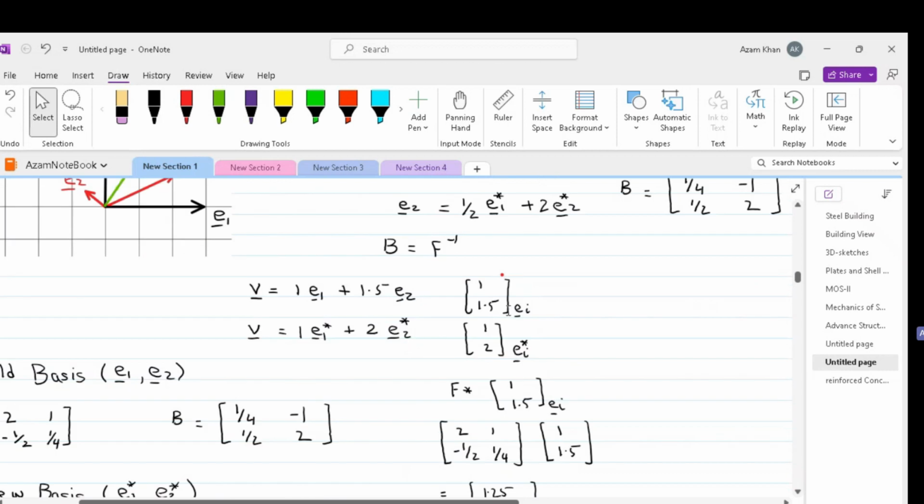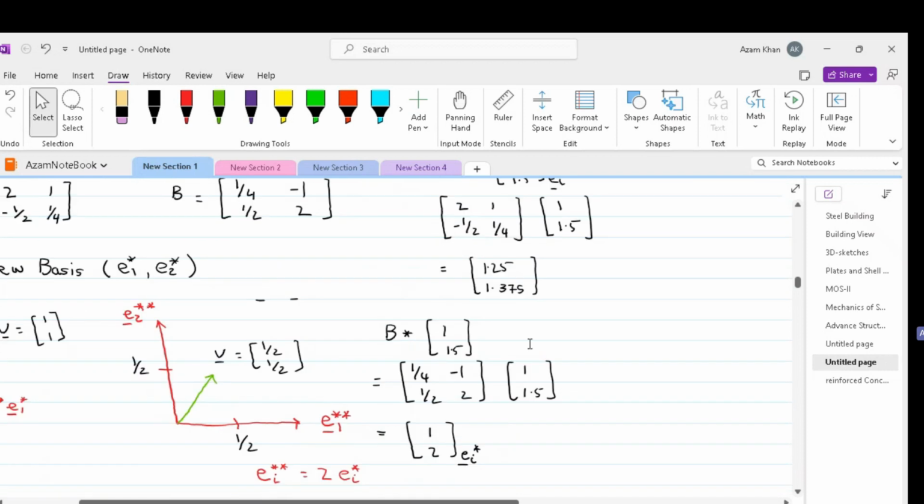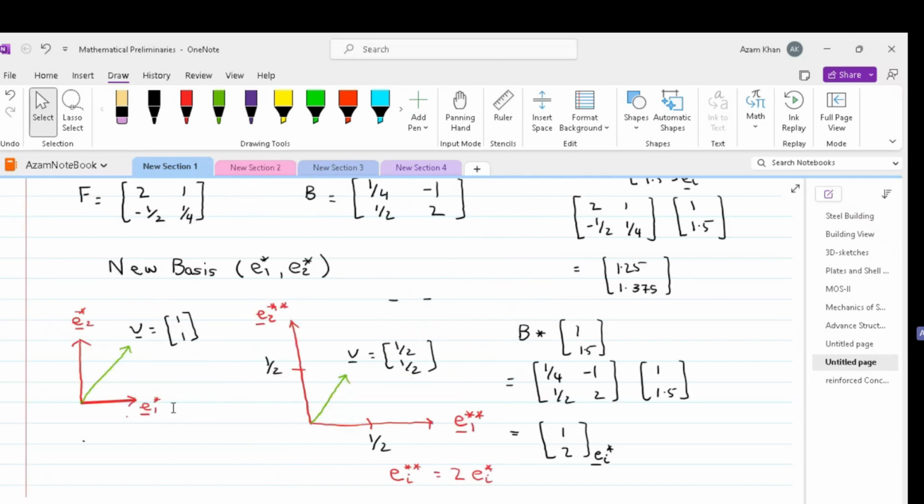But in the case of vectors, when we multiply the forward transform with the vector representation in the old basis, we don't get the correct answer. We have to multiply the backward transform with the vector in the old basis to get the actual component of the vector in the new basis. And the answer lies in a clear logical explanation of this.